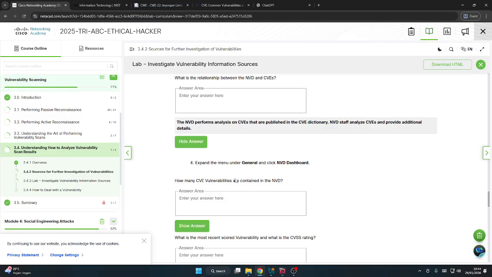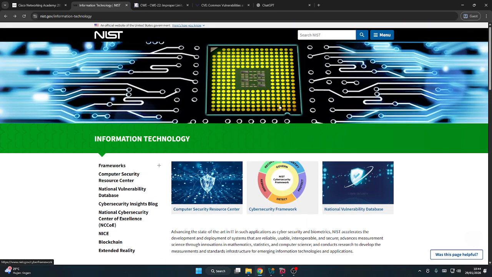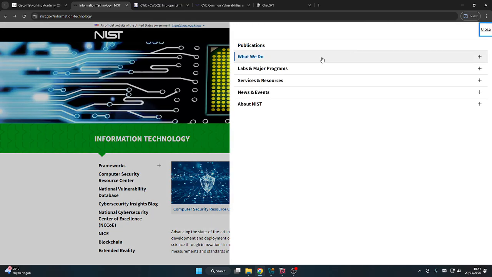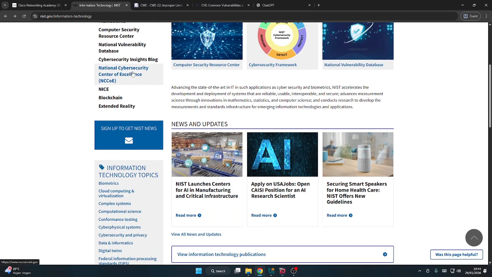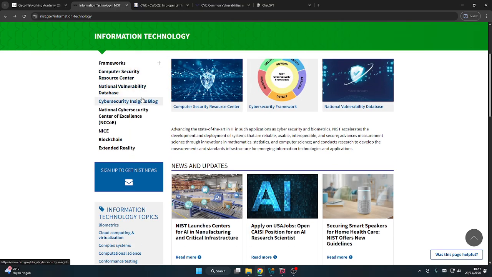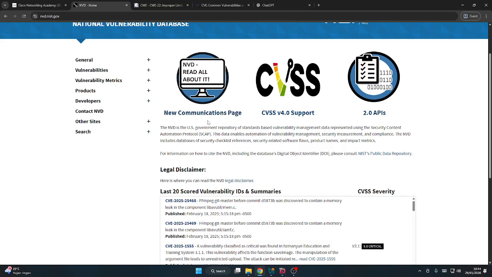Expand the menu under General and click the NVD dashboard. Where is the NVD dashboard?